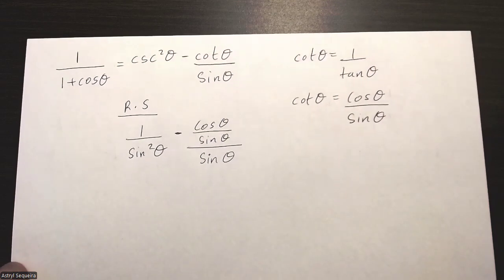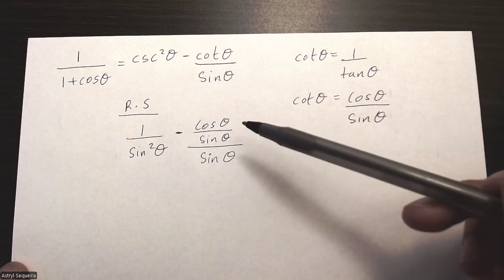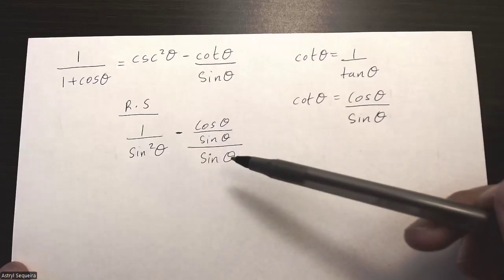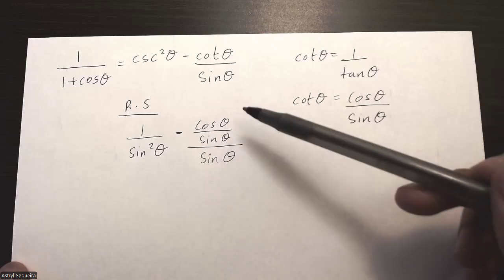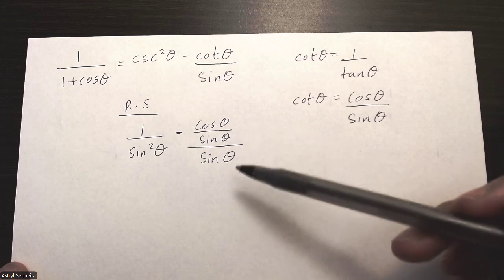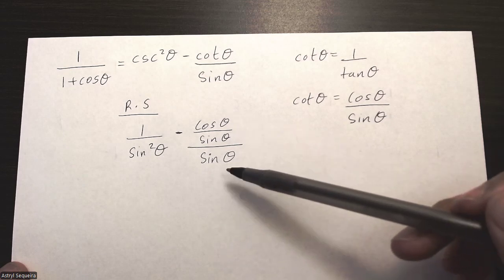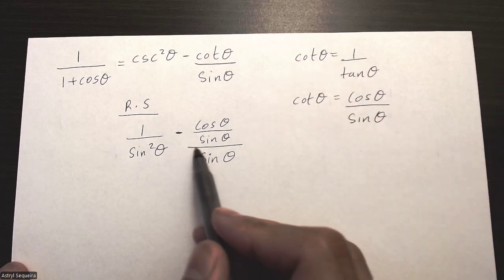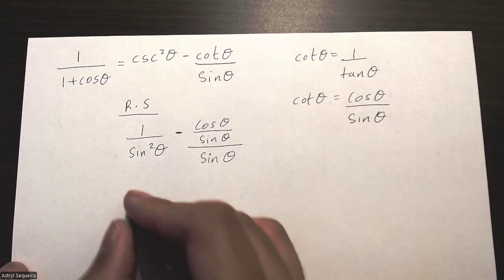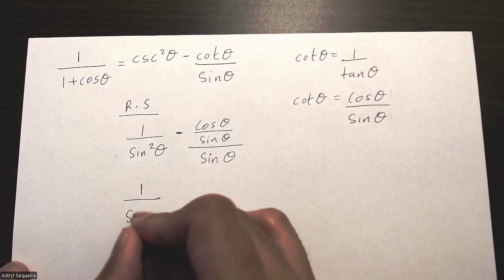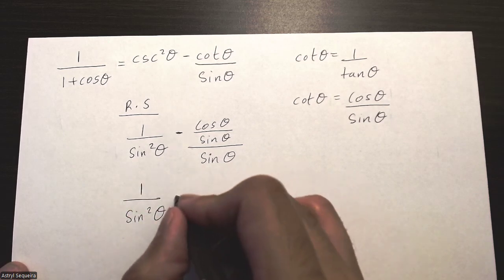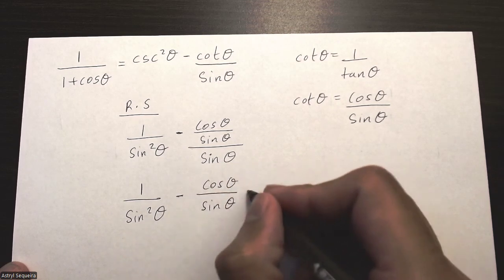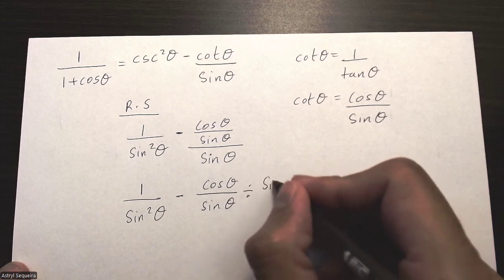Now, if you're really good at dividing fractions by other fractions and things like that, you can do this instantly. But if you're not sure how to do it instantly, because the process is slightly different, whether you have a fraction in the top and the bottom, or if you have fractions in both places, you can always convert the major fraction sign into a divide sign. So 1 over sine squared theta minus cos theta over sine theta, and then it's divided by sine theta.